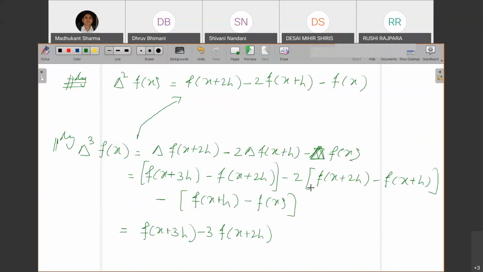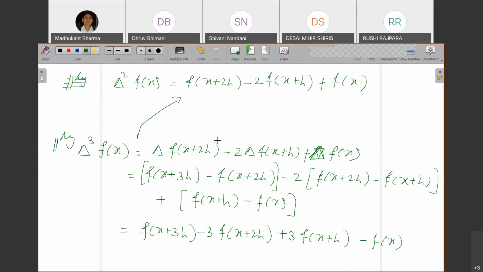Now, minus 2 into minus is plus 2 f of x plus h, and plus 1 time f of x plus h, so plus 3 times f of x plus h, minus f of x.